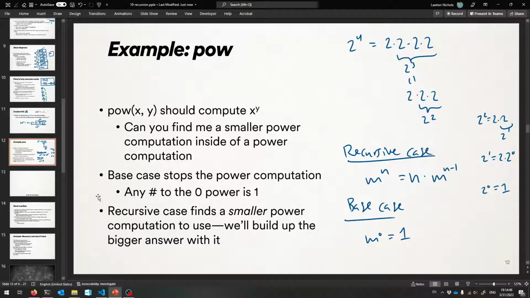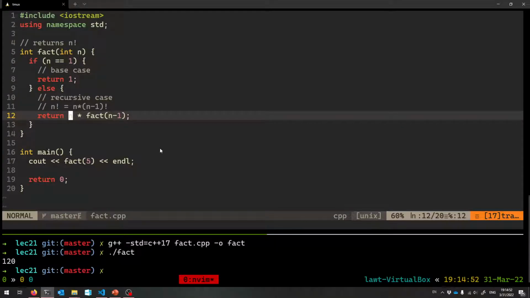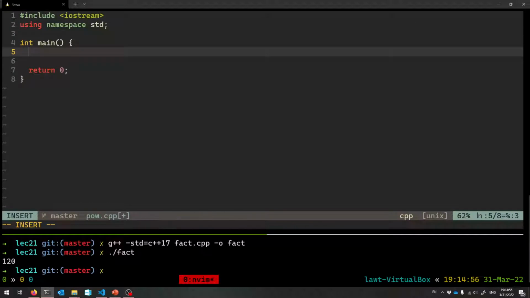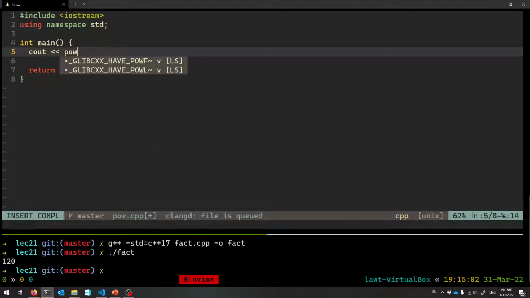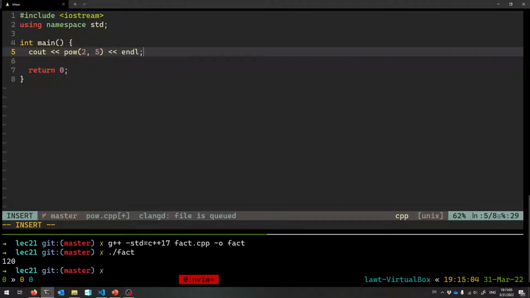Okay, so let's code this up, and then I will draw you another stack diagram. pow.cpp. Let's do 2 to the 5 for a reason. So that should compute 2 to the power of 5.